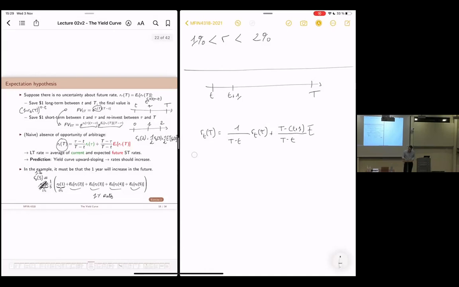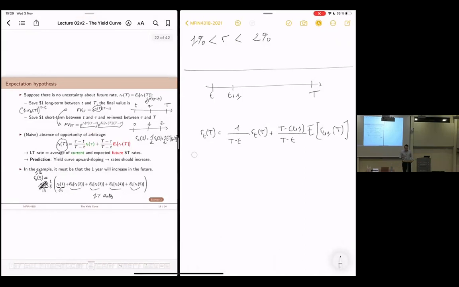I'm not putting the little t on the expected value, but we understand that it's the expected value from the point of view of little t. Here we have r_{t+1}. So here I did nothing except replacing tau by t plus 1 in this expression.